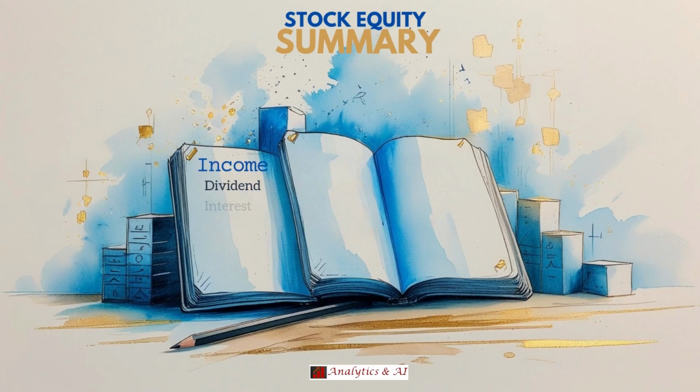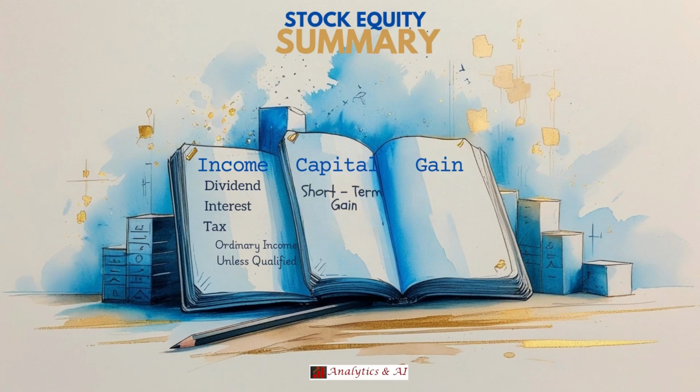First, income from dividends and interest is taxed as ordinary income, unless qualified. And second, there's capital gain or loss when you sell the stock. Short-term capital gains equal ordinary rates between 10% to 37% in 2025. And long-term gains equal preferential rates: 0%, 15%, or 20%.